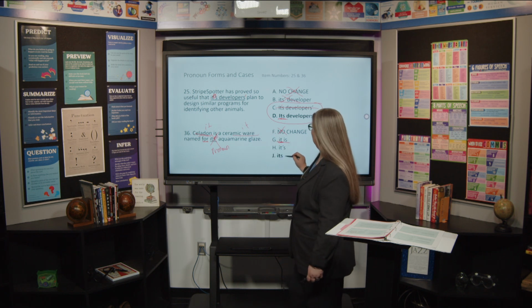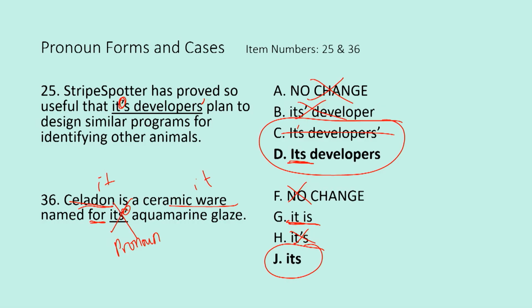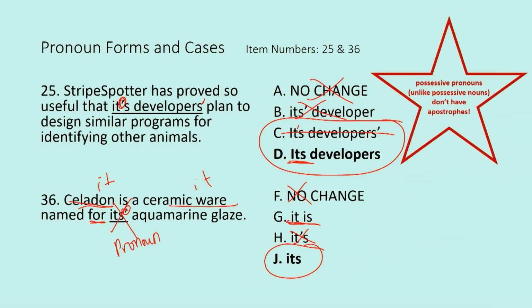So it can't be this because it has a contraction. It's aquamarine glaze. ITS is the possessive form for Celadon or the ceramic ware, named for the aquamarine glaze. So J is the only answer that works there.